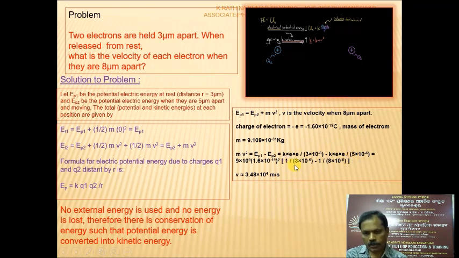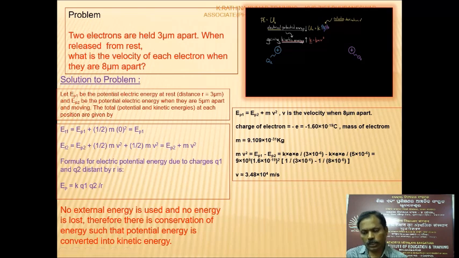Minus 1 by 3 into 10 power minus 6 minus 1 divided by 8 into 10 power minus 6, which is giving the value approximately equal to 3.48 into 10 power 4 meter per second. So this is the velocity of the second case of the electron.